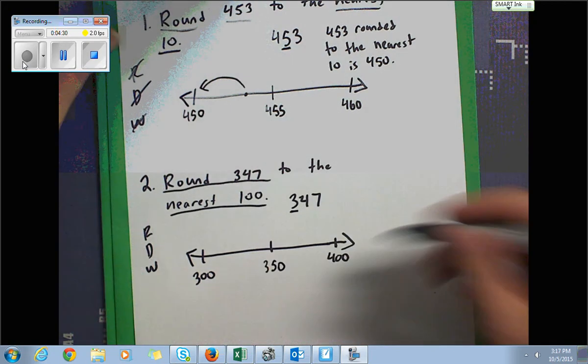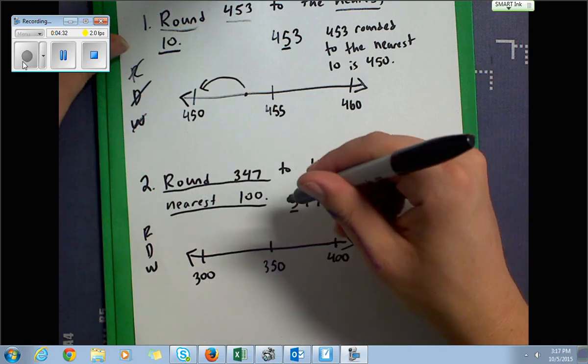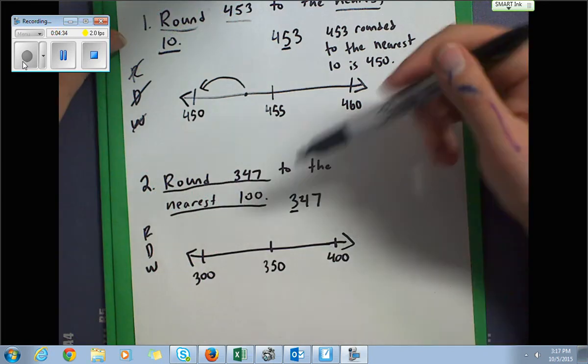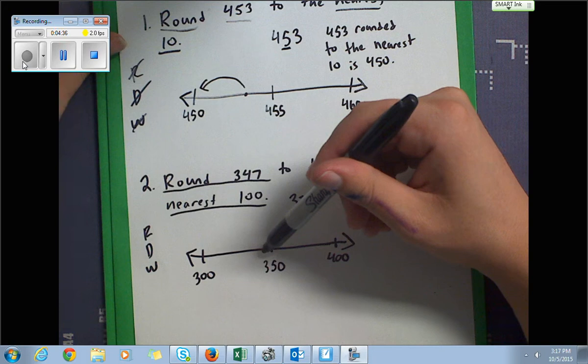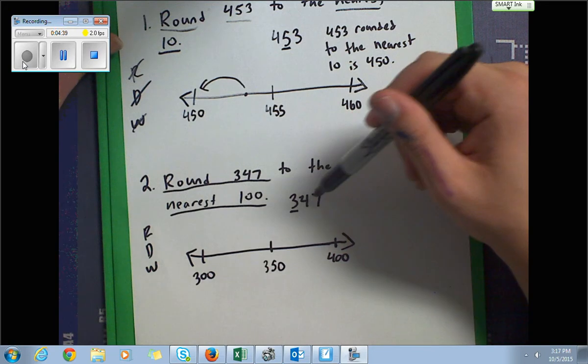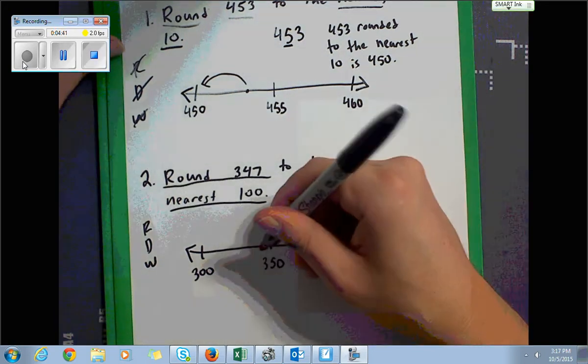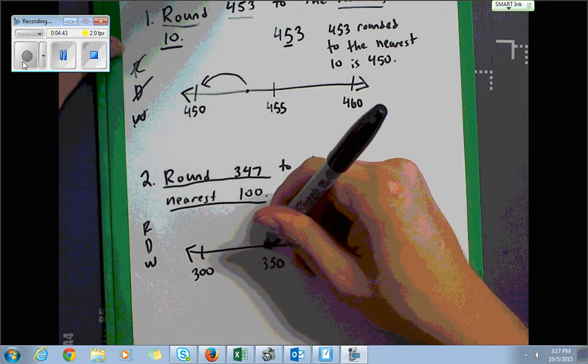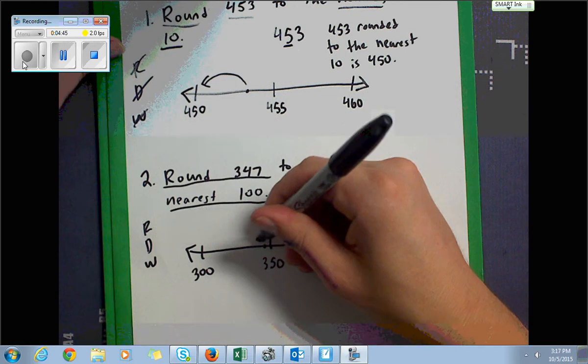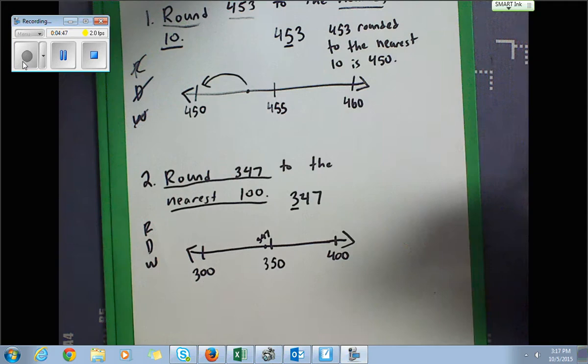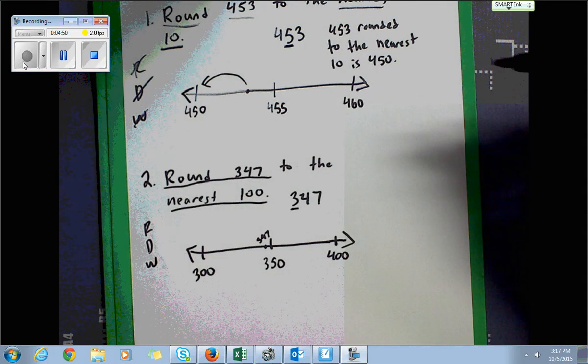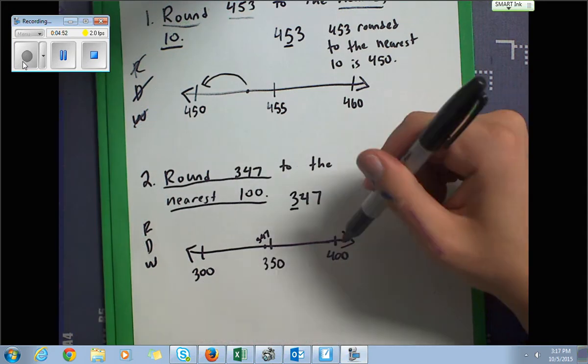Now I'm going to take my number, 347, and place it on the number line. It's going to be close to 350, but since 350 comes after 347, it's going to go to the left of 350. Probably really close, right about here. So then you just have to look and decide, what 100 am I closer to? Am I closer to 400 or closer to 300?